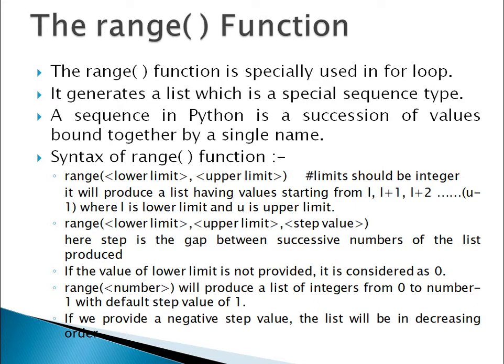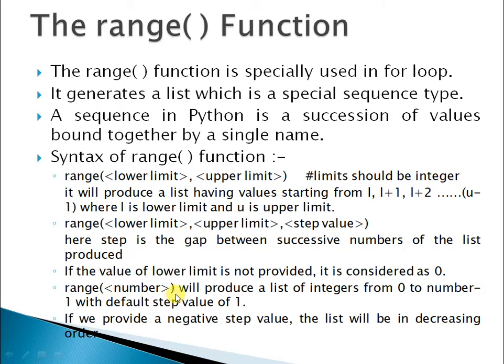Some important points related to the range function: if the value of the lower limit is not provided, it is considered as 0. So you have a special third type of range function in which only one number will be provided, that is range, and in the brackets you will be providing a number. Suppose you write range, in brackets you write 10.